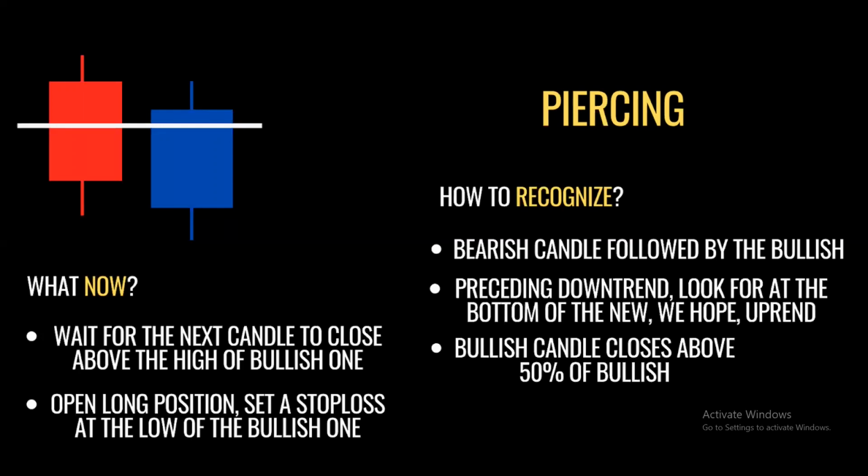I have a typo here, sorry, but the bullish candle should close above 50% of the bearish candle. Once again, wait for the next one to close even higher, which could indicate a new uptrend on a smaller or a bigger basis, and therefore we can go in for the long, go in for the buy, and continue to move forward.